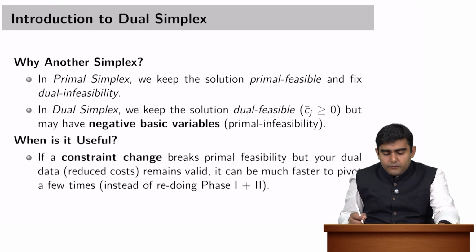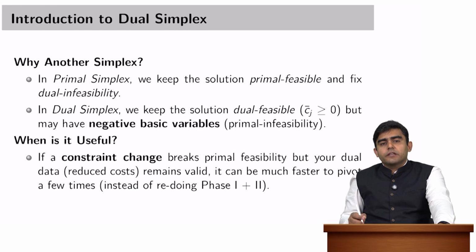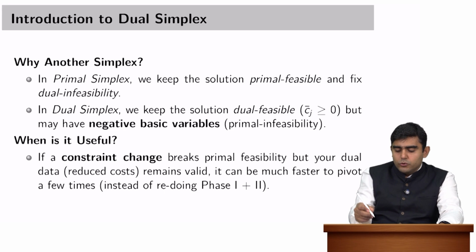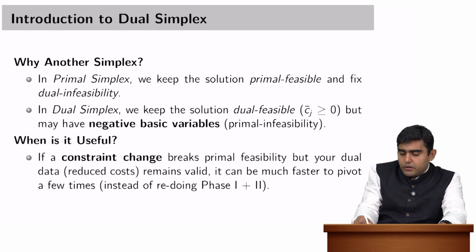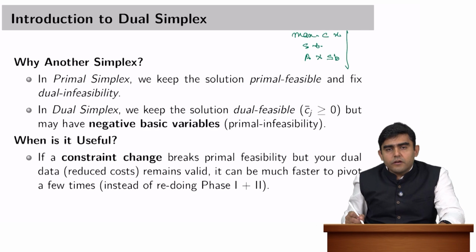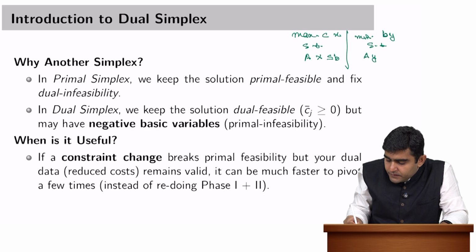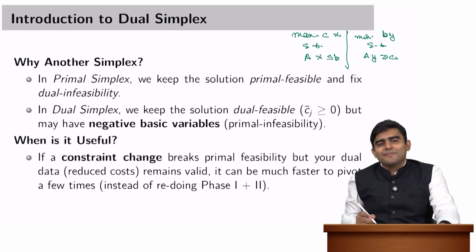Now, we also learnt about the dual method, where we said that for every primal we can always write the dual. So, if we had the problem of maximize Cx subject to a certain constraint Ax less than or equal to b, we can always write its dual form, where the dual form would be minimize by subject to A transpose y greater than or equal to c.